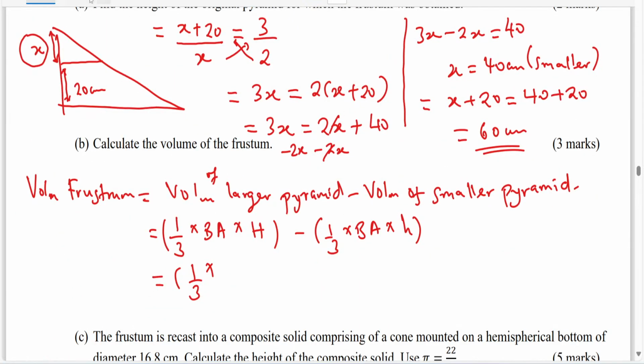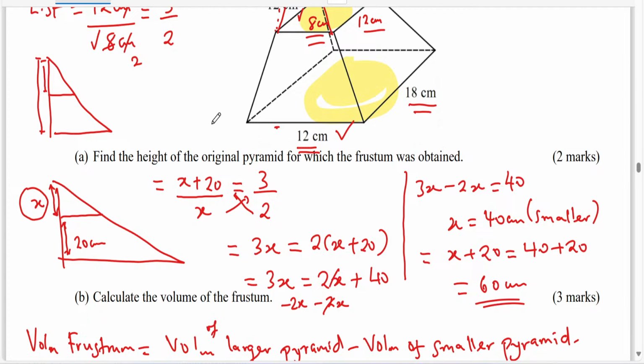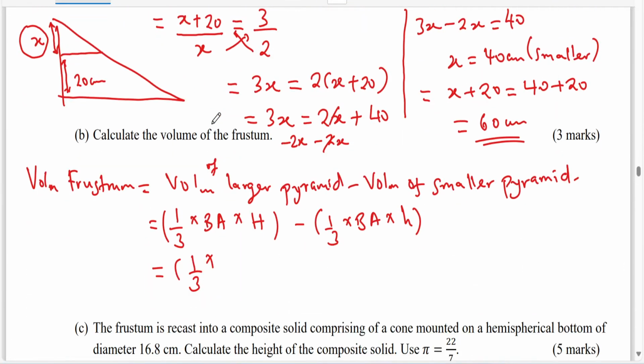So simple. At that time your base area, looking carefully here, sorry, let's scroll up, is 12 times 18. So let's not forget that. So you take a third times 12 times 18 times the height of the larger one, which is 60.